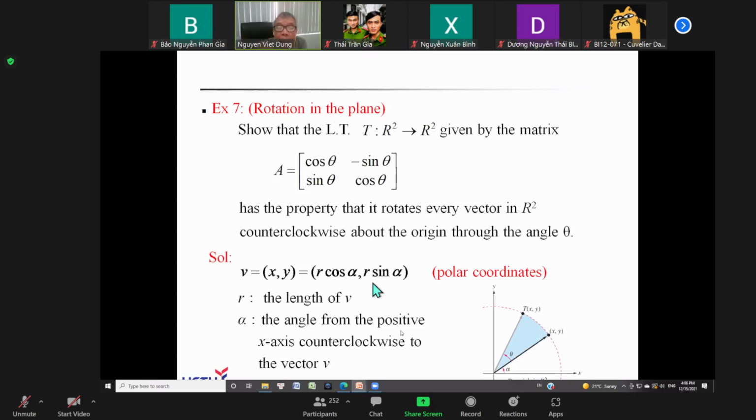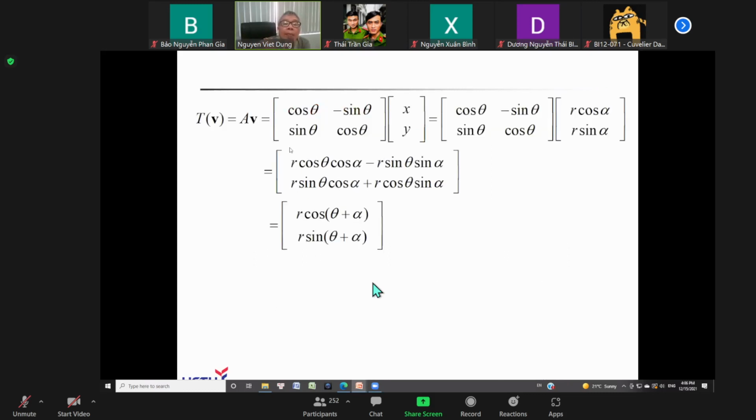So that is the coordinates X, Y. And if we apply the map T of V equals A multiplied by V, we get that one. But now we replace X by a cosine alpha and Y by a sine alpha. You get that one.